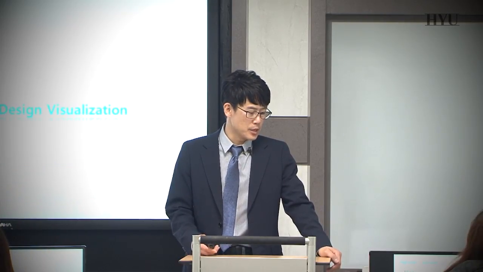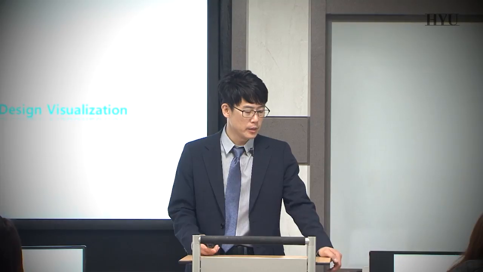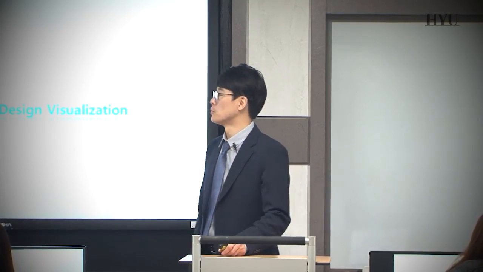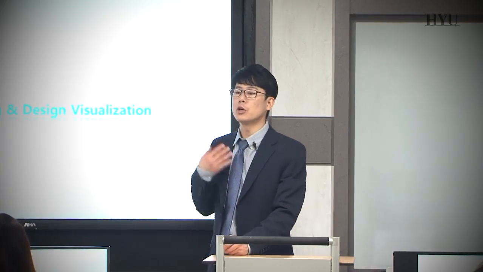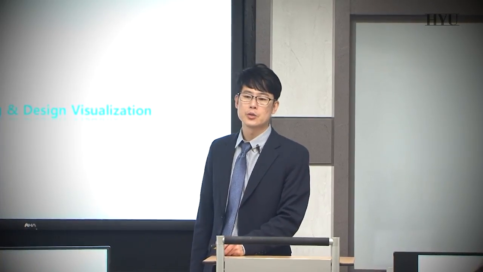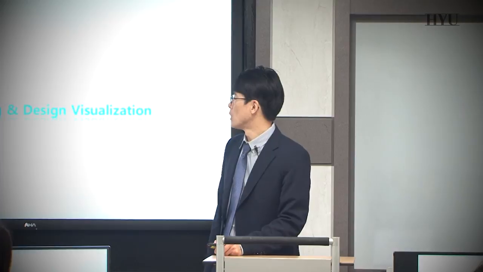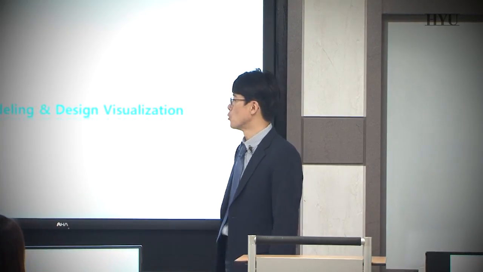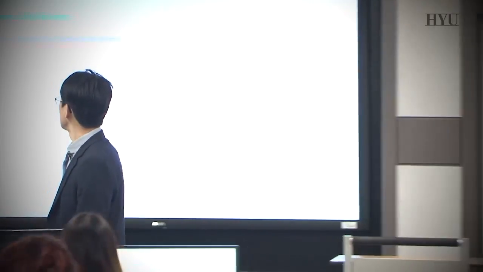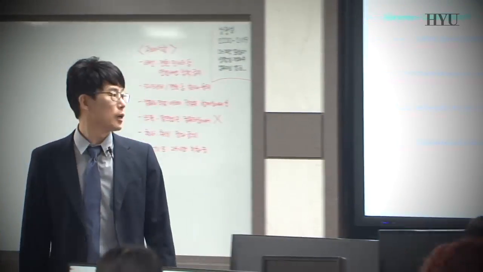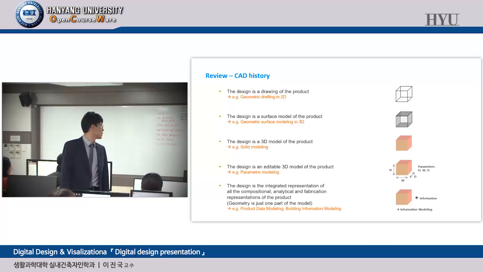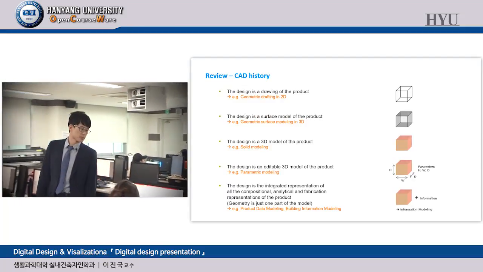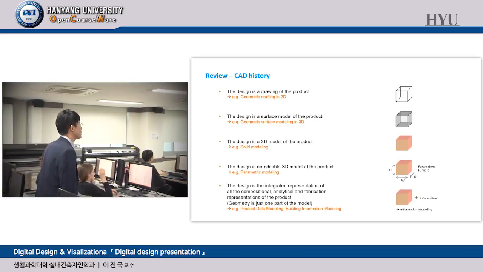Let's review some 3D modeling and design visualization issues, exactly what we have walked through, what we have learned. Let me quickly introduce and show you what we are dealing with in the course. As I showed you before, there is a very famous one-single-slide history. Review CAD history.